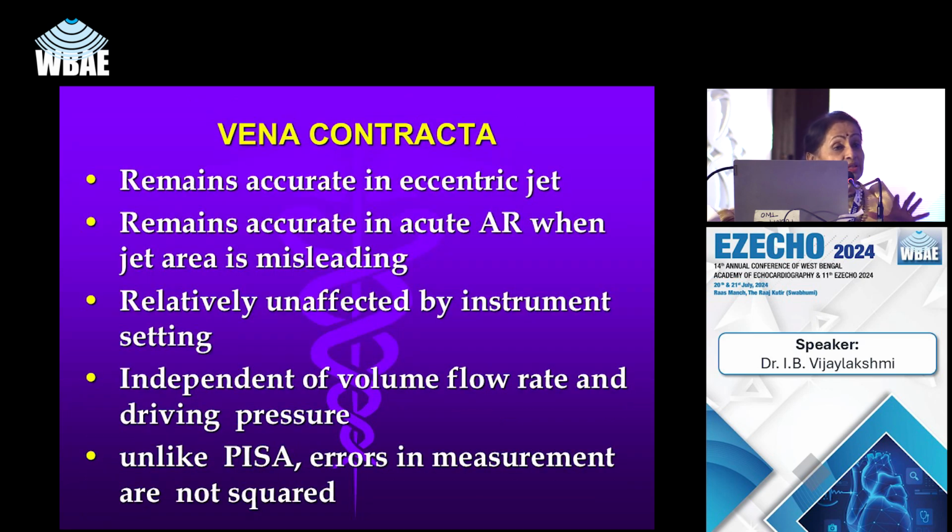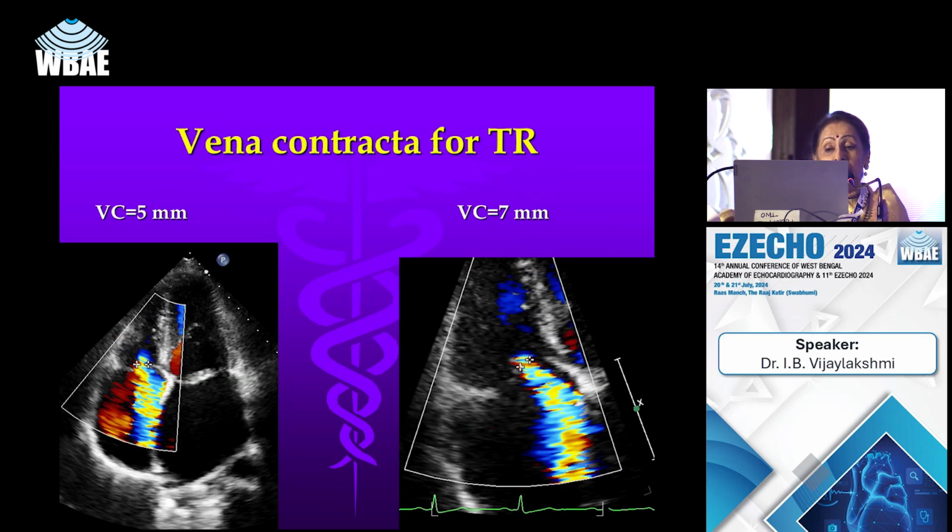And hence in all the cases, whenever you are assessing the AR, you must look for the abdominal as well as the thoracic aortic flow reversal. And this flow reversal in the M mode, when you look at it, if there is a holodiastolic flow reversal, that means it is a severe aortic regurgitation.